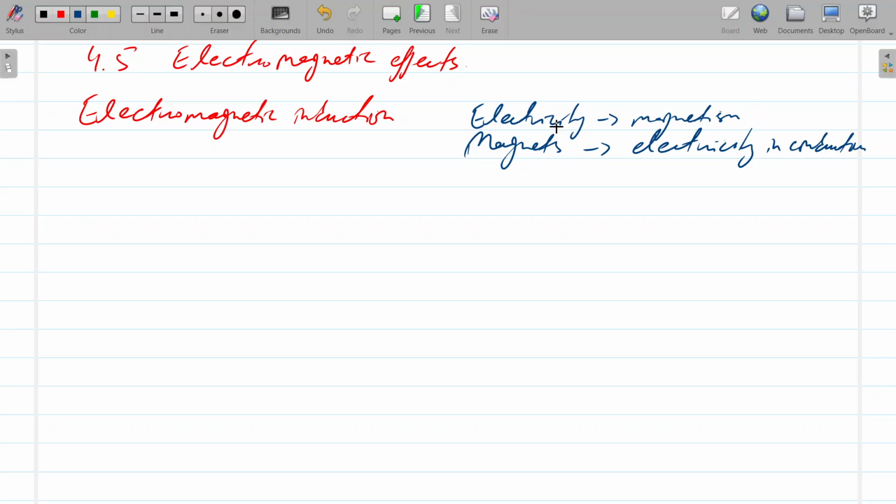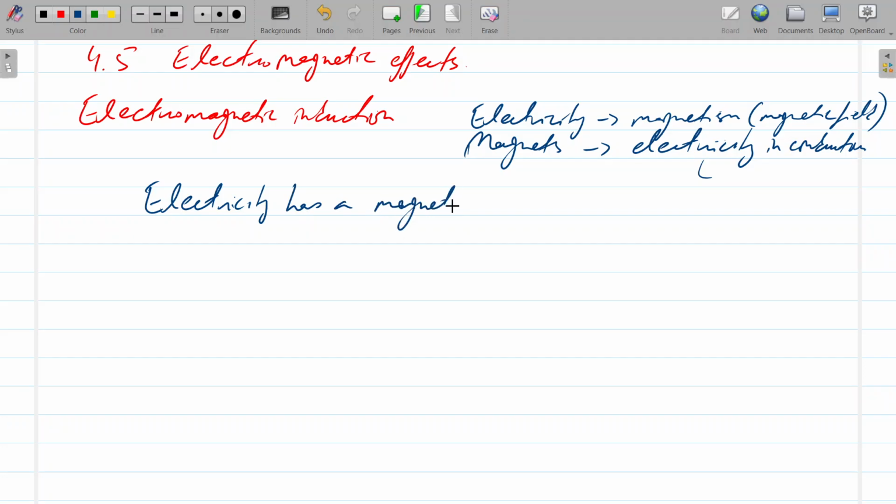And when electricity is causing magnetism, it's going to have a magnetic field. Magnets causing electricity, and electricity itself has a magnetic field around it.